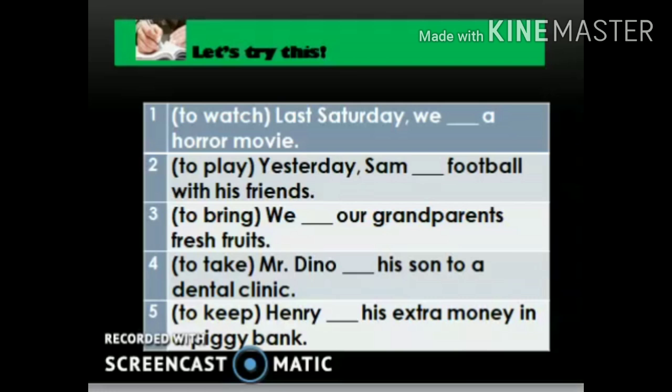And number 5. Henry blank his extra money in a piggy bank. The answer here is kept. The correct sentence is Henry kept his extra money in a piggy bank.